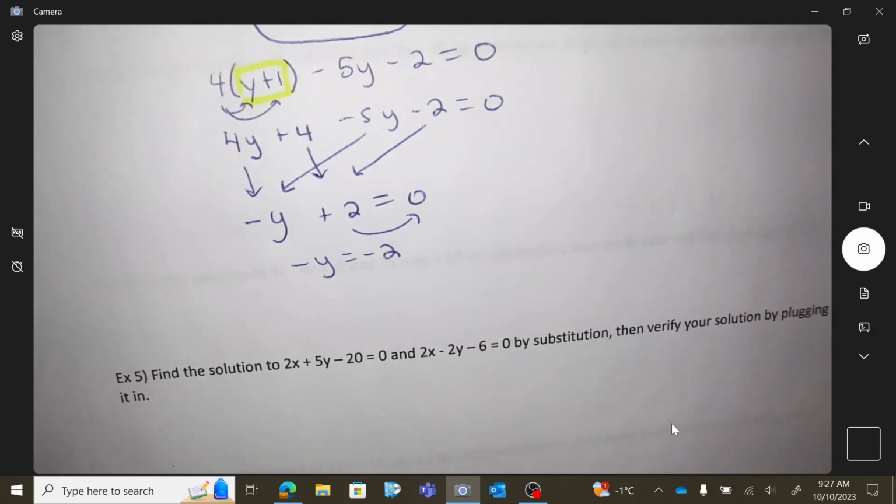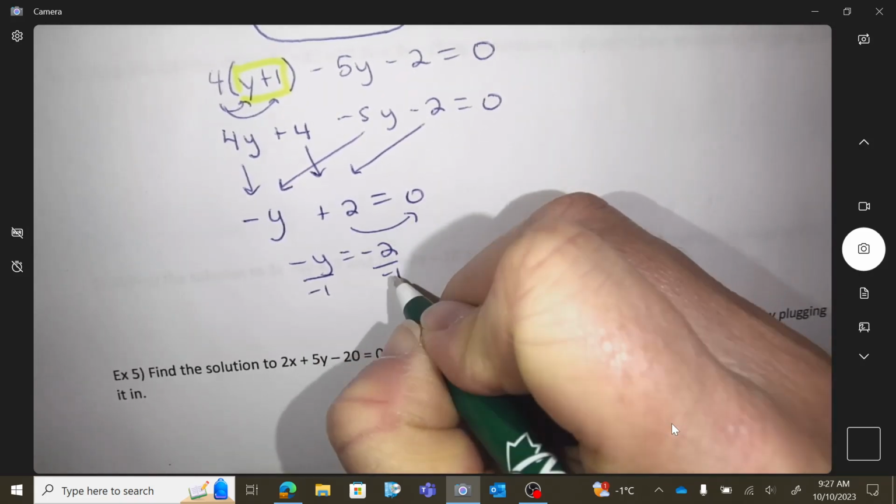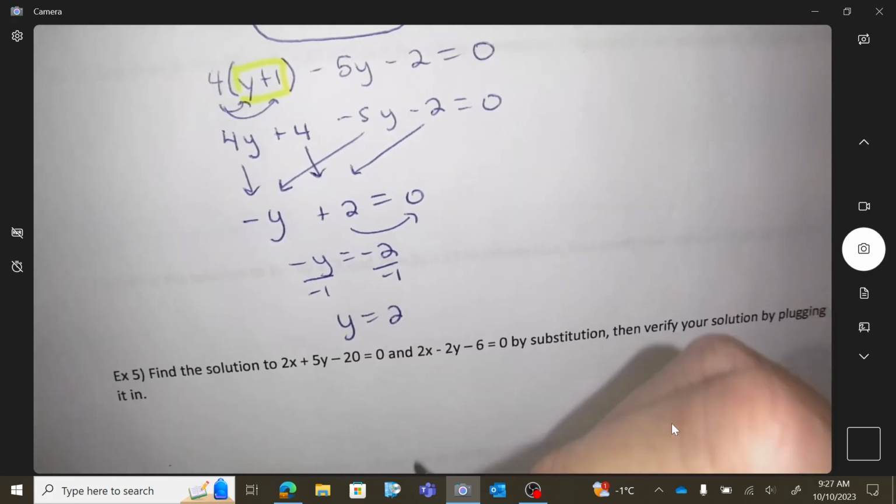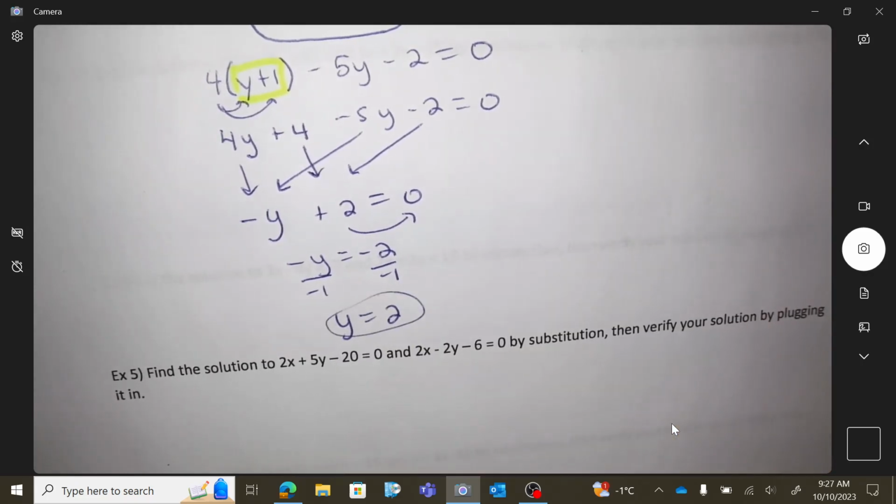And I'm doing this on purpose because this is where some people go wrong. This is not y. What do I still need to do? I need to divide by -1. That wasn't what y was equal to. That was a negative y. Okay, so y equals 2.